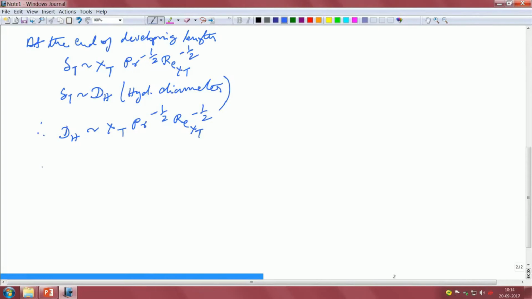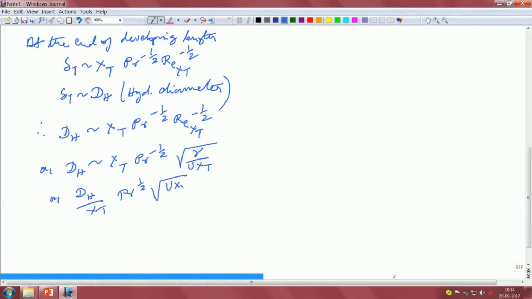Remember, this Reynolds number is cast in terms of the length scale x, not with respect to d. Or in other words, dH by x T, Prandtl number to the power of half, into u x T by gamma, is of the order 1, roughly scales as 1.